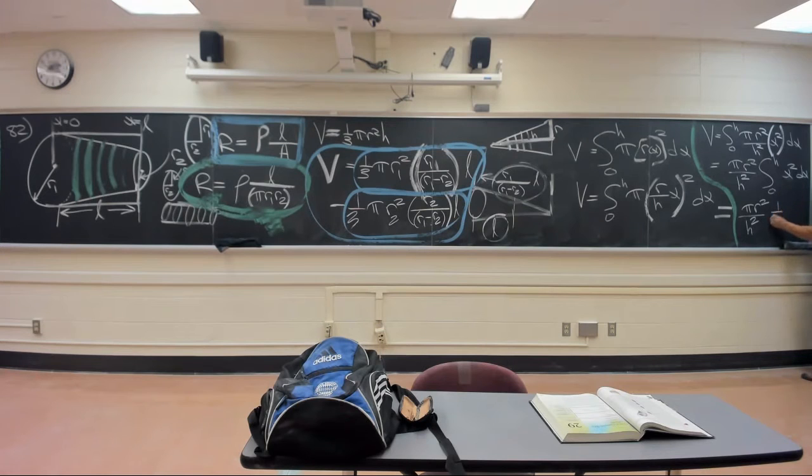Integrate this. Here's your 1/3. That's it. Well, you plug in an h right here. H cubed cancels with the h squared, just leaving you an h. It's 1/3 pi r squared h. Plugging in 0 is not a problem. It's 0.